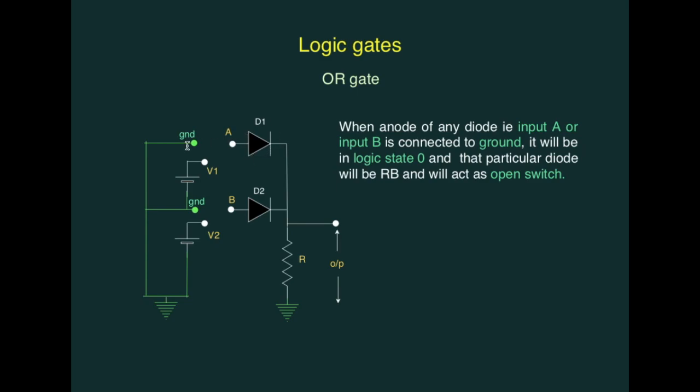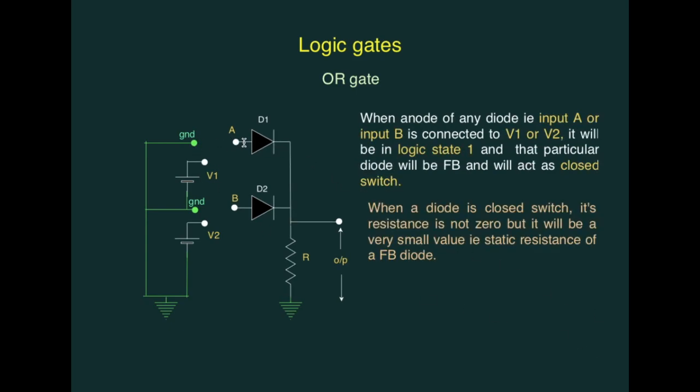The input which is connected to ground will be considered as in logic state 0. When the anode is connected to high voltage, that is when A is connected to V1 and B connected to V2, the particular diode anode of which is connected to higher voltage will remain in forward bias condition and it will act as closed switch. The input which is connected to high voltage will be considered as in logic state 1.